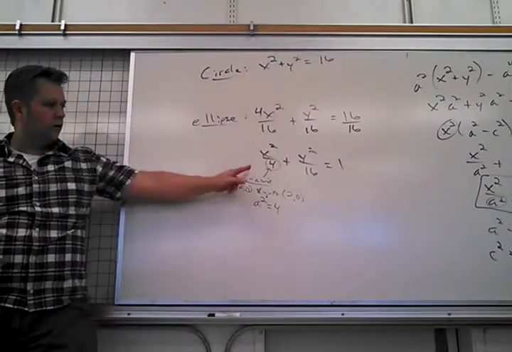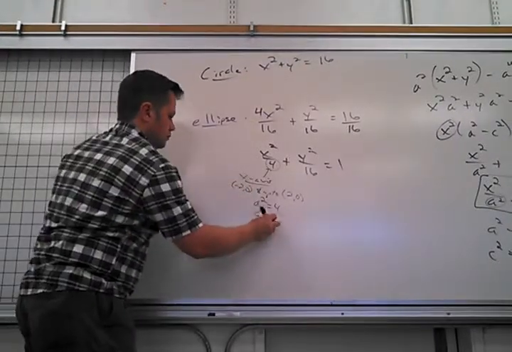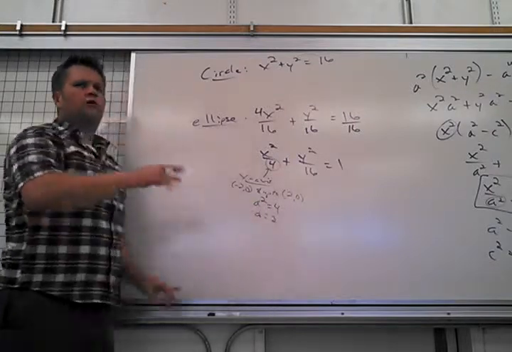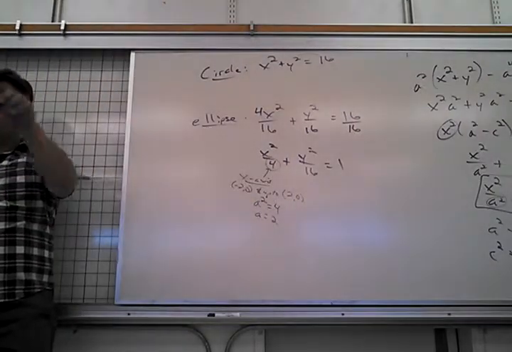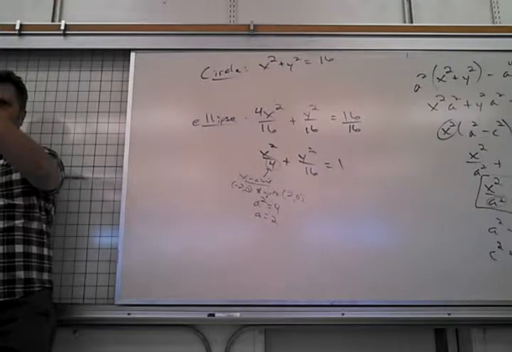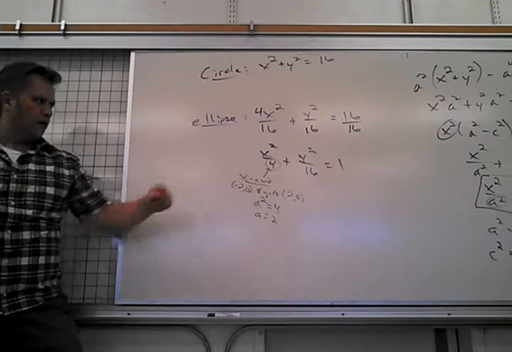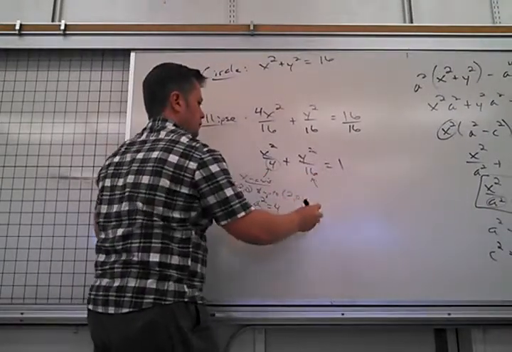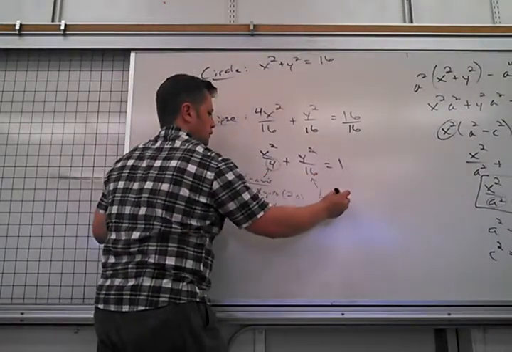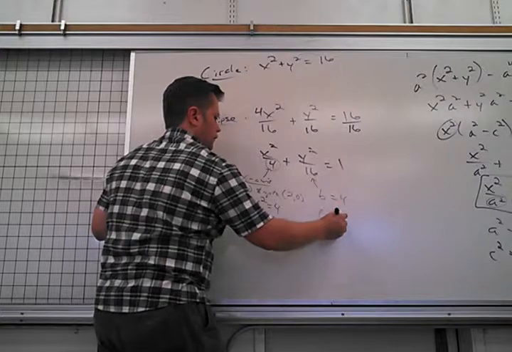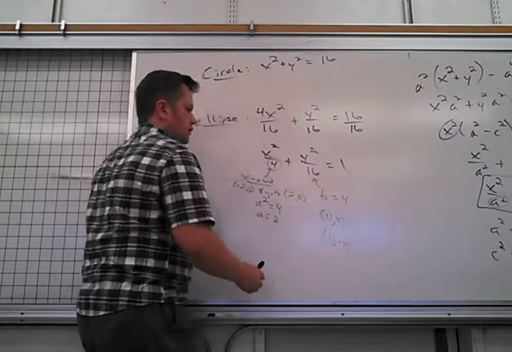A squared is 4, so then a is 2. And we don't really put plus or minus there. It's a distance. It can go 2 away from the center, left and right. Cool? And of course for the y, b would be 4. So it can go up to 4, down to negative 4.